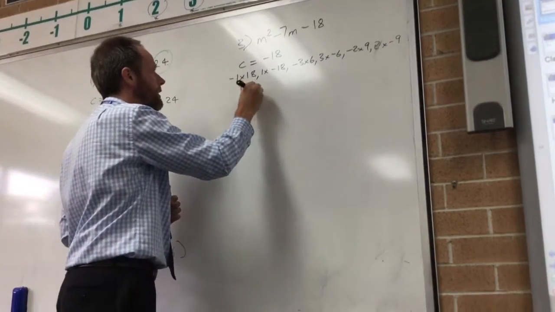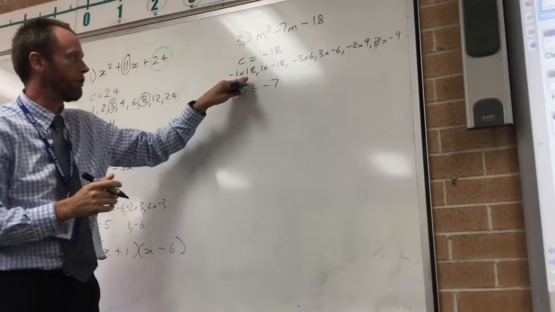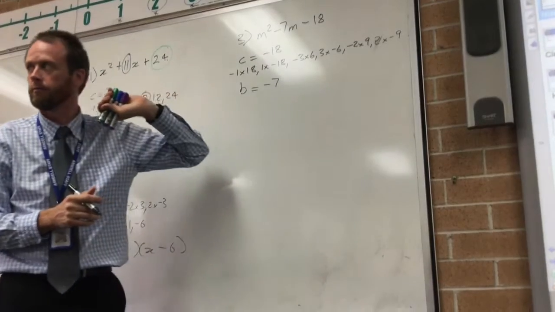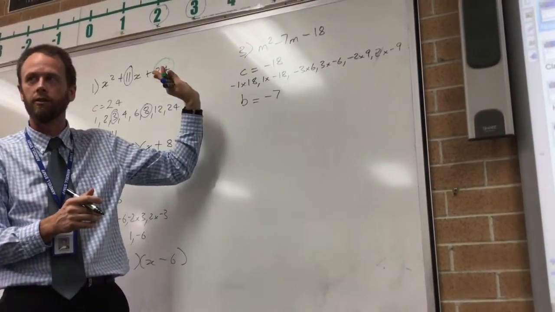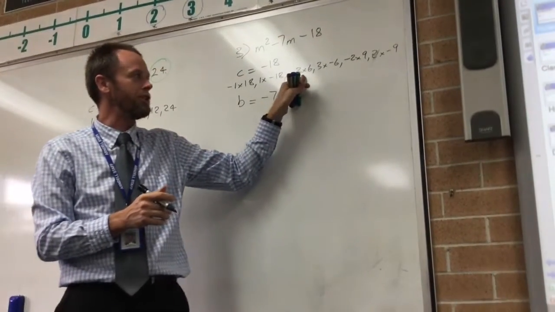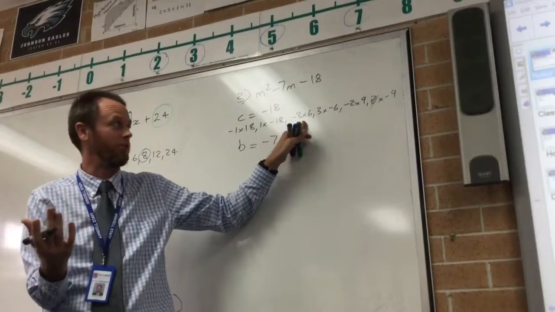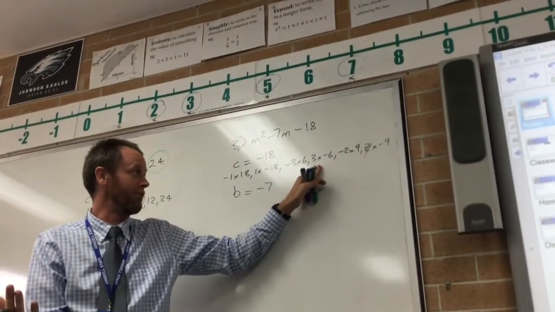When I come to b, that's minus 7. So I've now got to look through which ones of these might add to minus 7. Straight away, 1 and 18, discount it. Can't do it. 3 and 6, minus 3 plus 6, that's only 3. 3 plus minus 6 is minus 3.